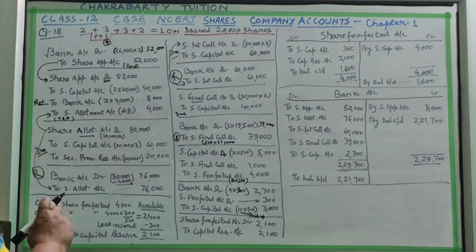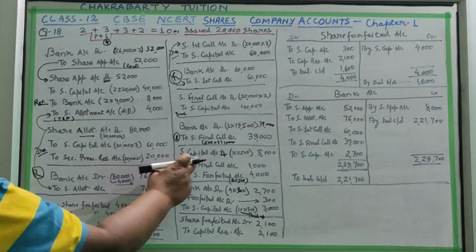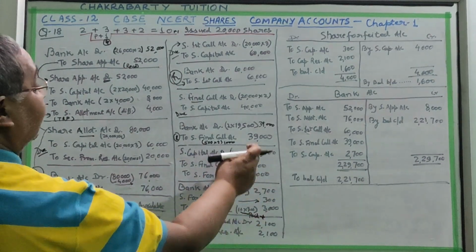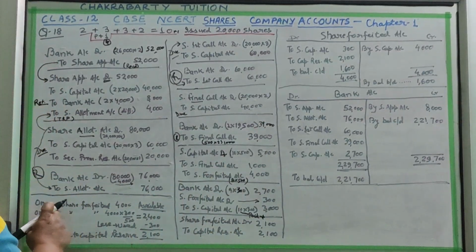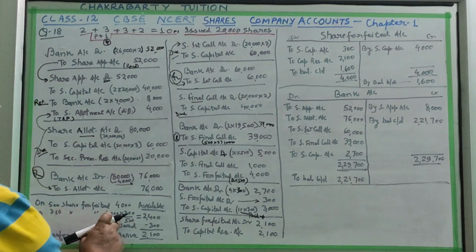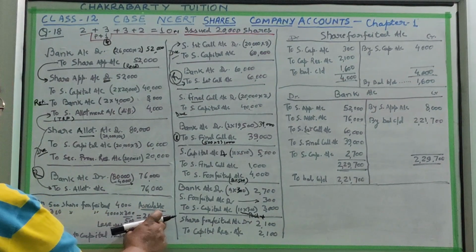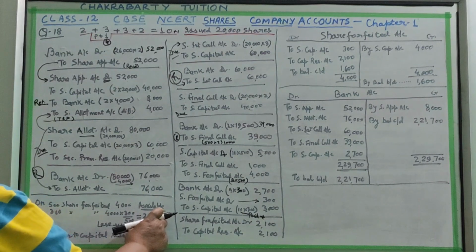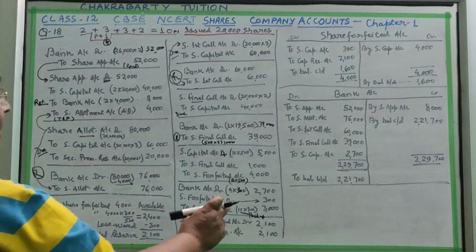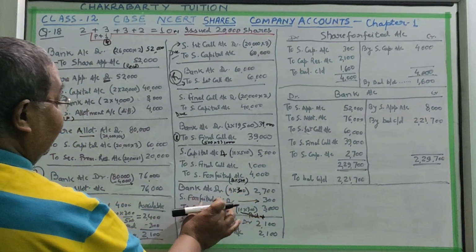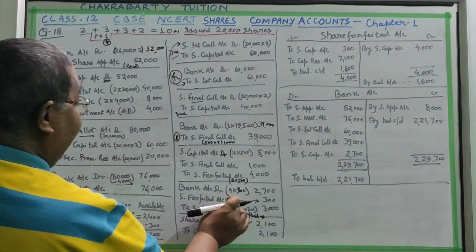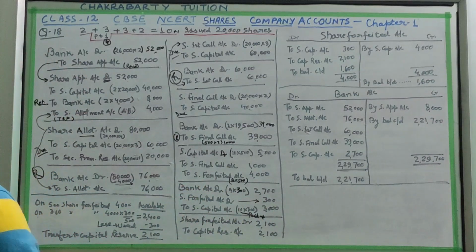So how will that be done? On 500 shares, forfeited amount is 4,000. Then for 300 shares, how much will it be? It will be 2,400. This 2,400 was available for these 300 shares, which we can use as a discount or as a forfeited amount.